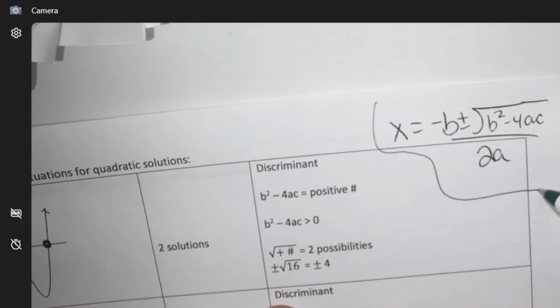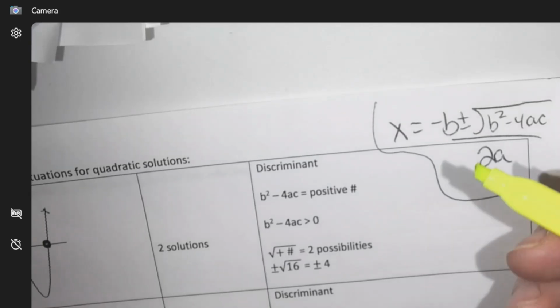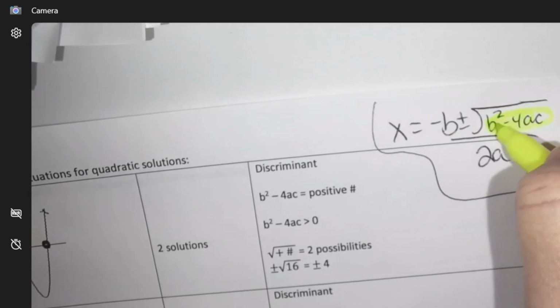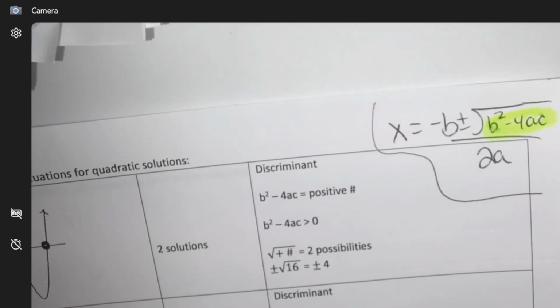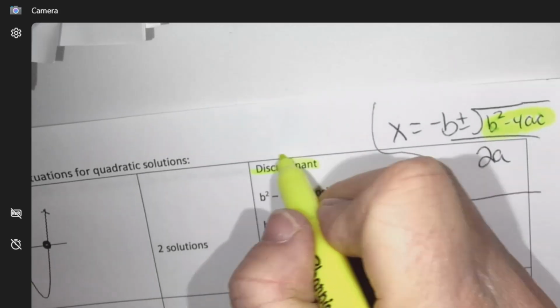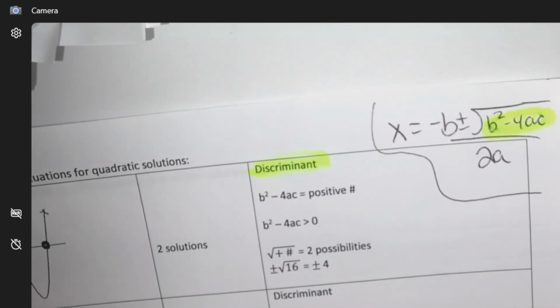So when we're using this formula, we really rely on this square root part to tell us stuff. Okay, so the name for that is called the discriminant. So the discriminant is just this square root part.